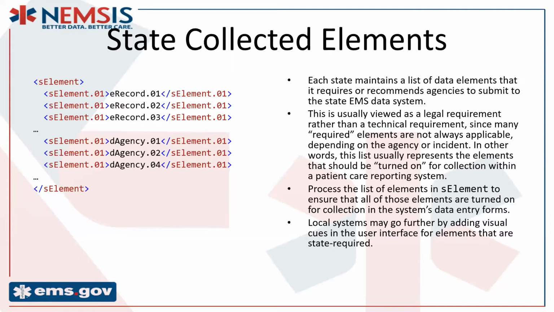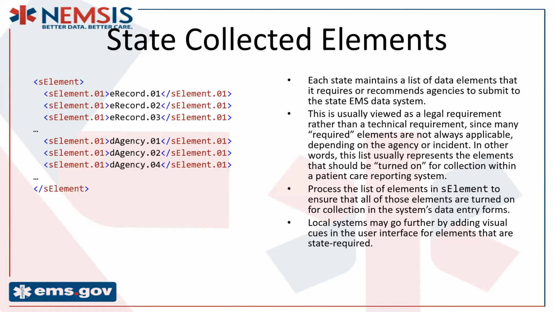It does not necessarily mean that element would be collected on every single record. The state will use schematron validation rules to implement any constraints that they have in that area. So the idea here is if the element is on the state list, it should be in the data entry form, should be turned on, should be available for collection by the people filling out reports.